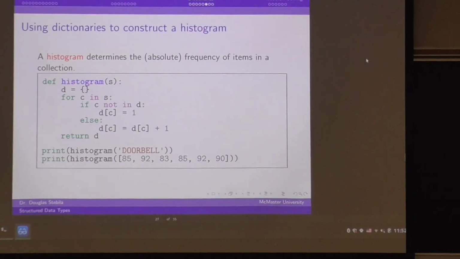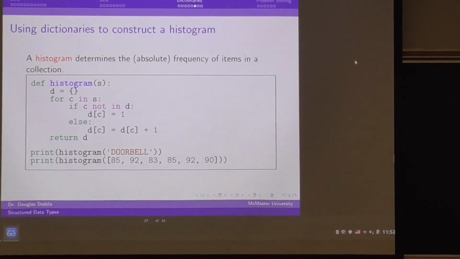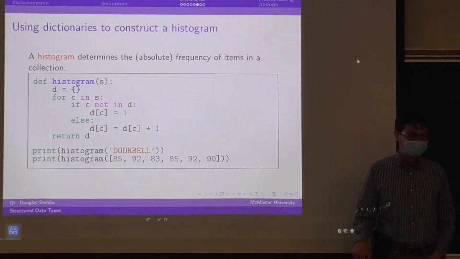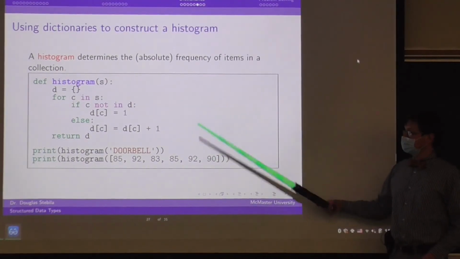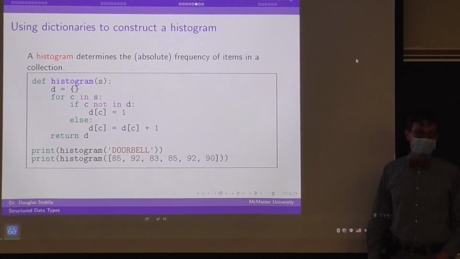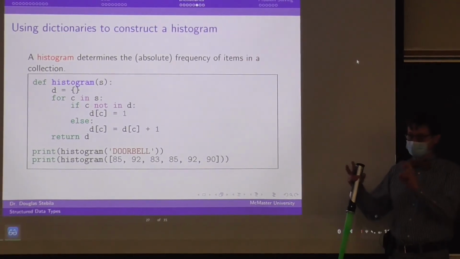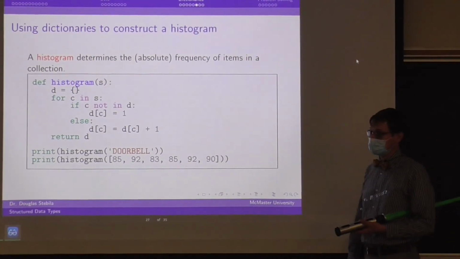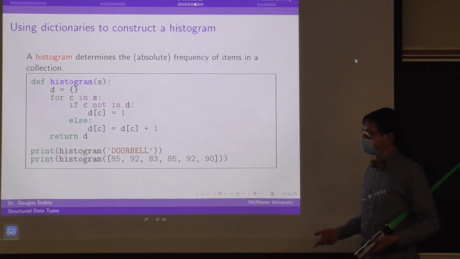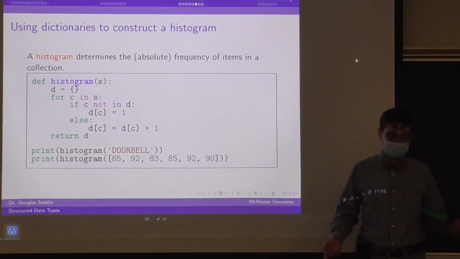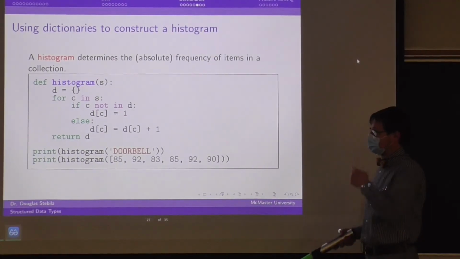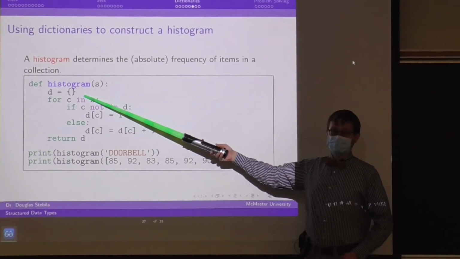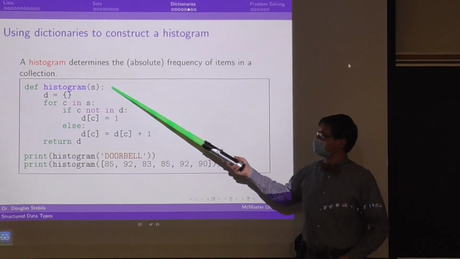Example. Histograms are used to determine the absolute frequency of the items in a collection. The following algorithm can be used to bucket elements into something that could be easily graphed as a histogram. Let's assume we're working on strings here. We initialize an empty dictionary.